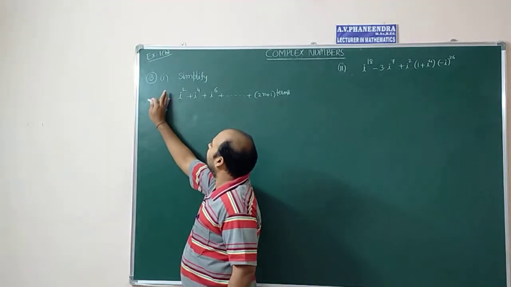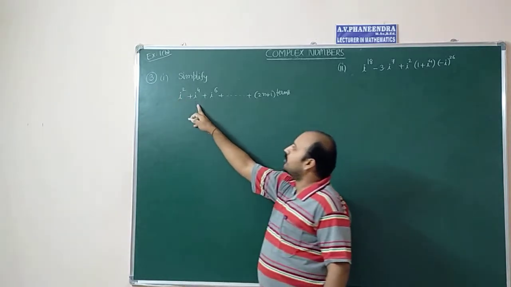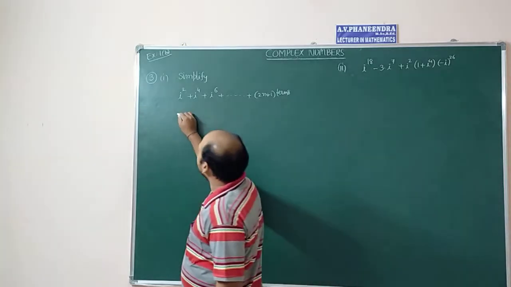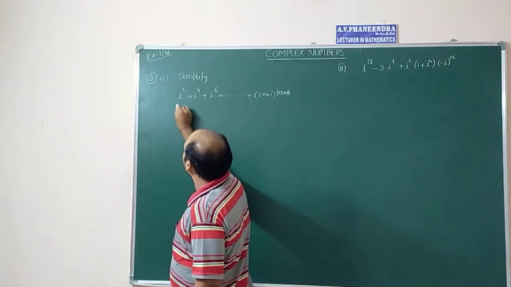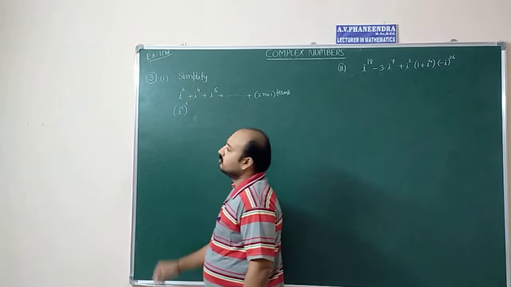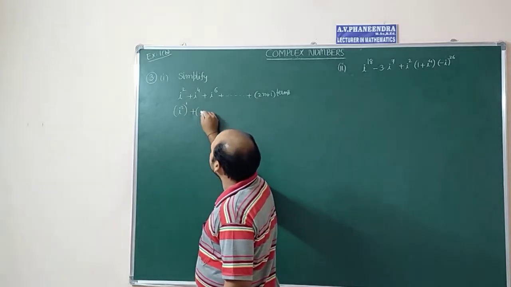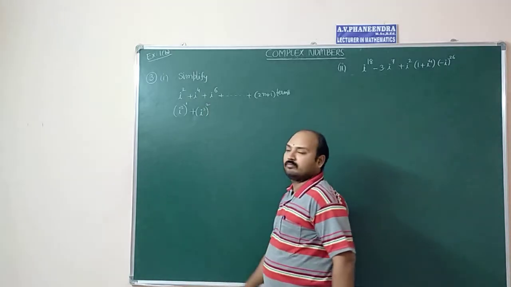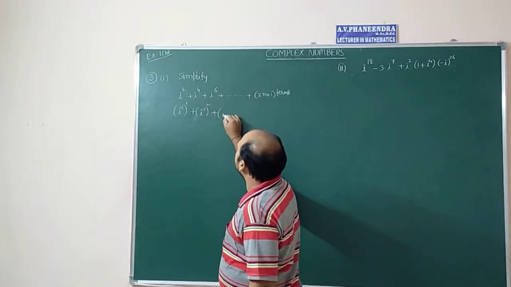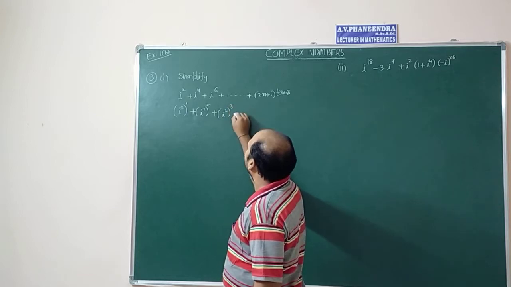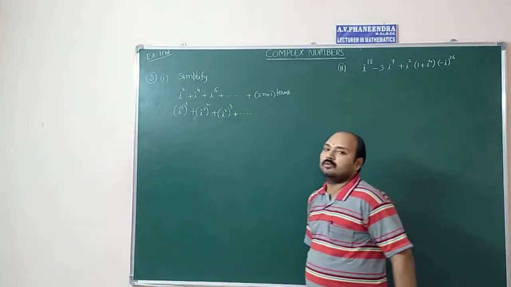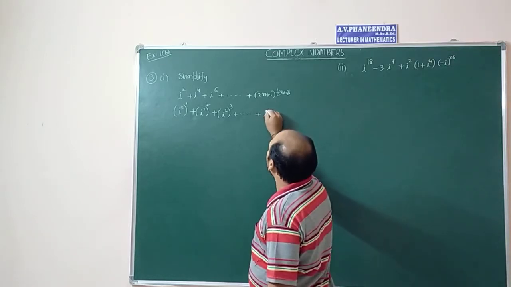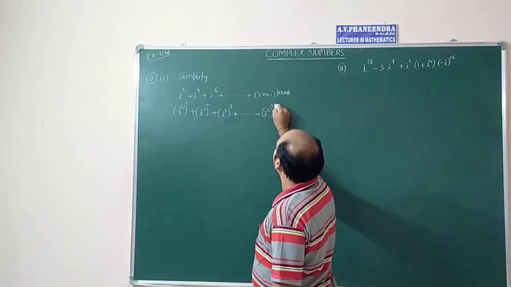Here I am writing i square whole power 1. i power 4 can be written as i square whole square. i power 6 can be written as i square whole power 3, and so on. Here 2n plus 1 terms are there, no? So i square whole power 2n plus 1.